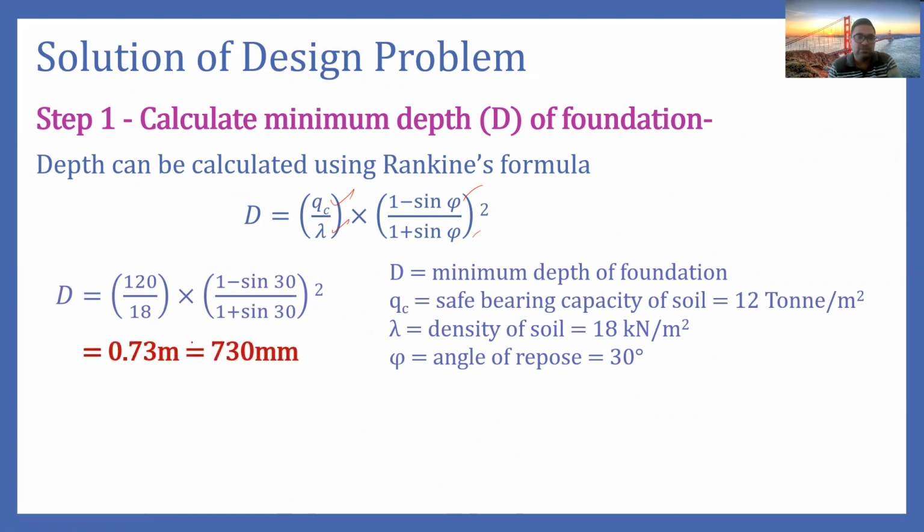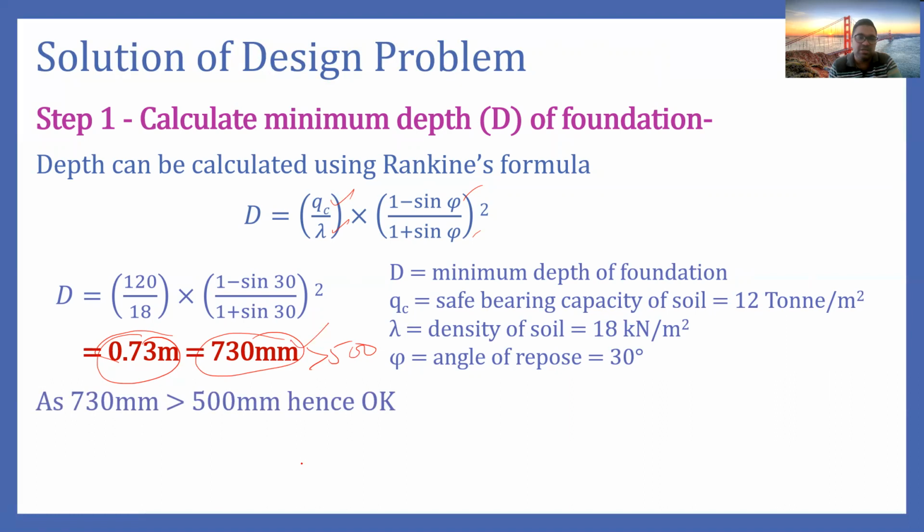So the depth so calculated is 0.73 meter, and you can see this 0.73 is equivalent to 730 mm and it is greater than 500 mm. It means we will be adopting D as 730 as it is. And also I have written here 730 is greater than 500 and therefore the depth is okay as per Indian standard code of practice. Then we will move to the next step.